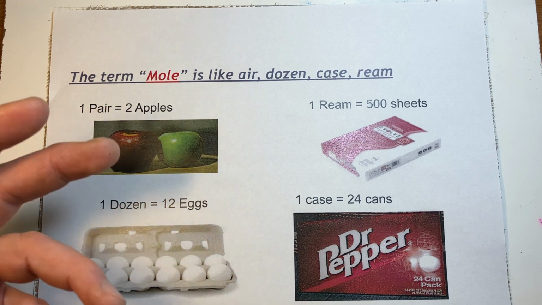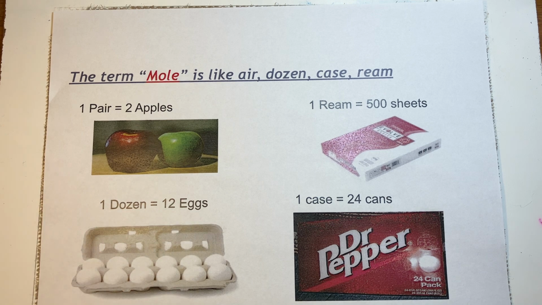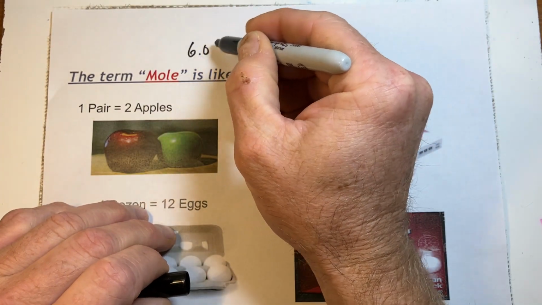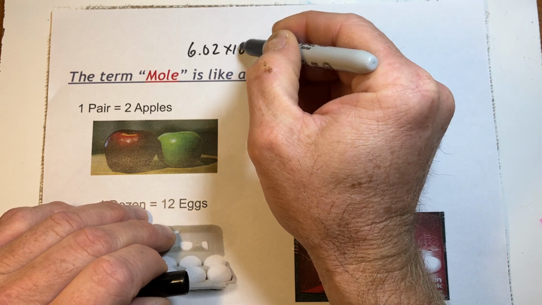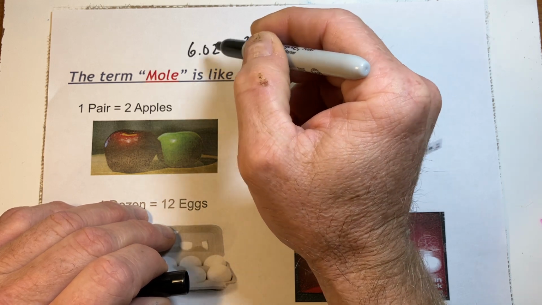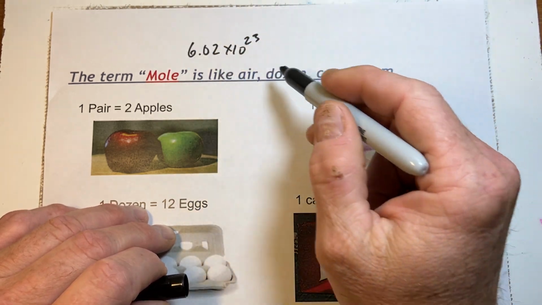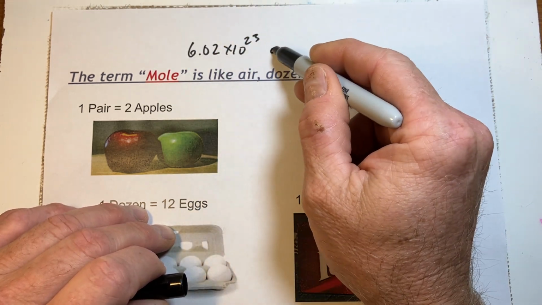It's a very large amount, 6.02 times 10 to the 23rd of anything is a mole. 6.02 times 10 to the 23rd, and it's known to be a little bit more precise now, maybe like 5 places past the decimal point, but it's that amount of anything.